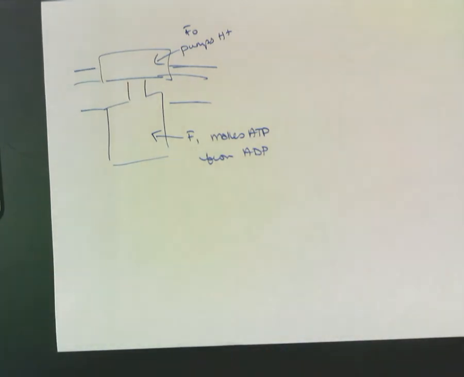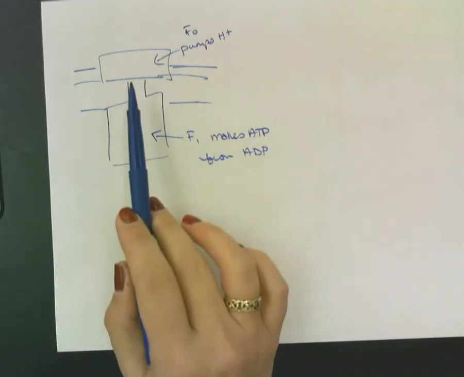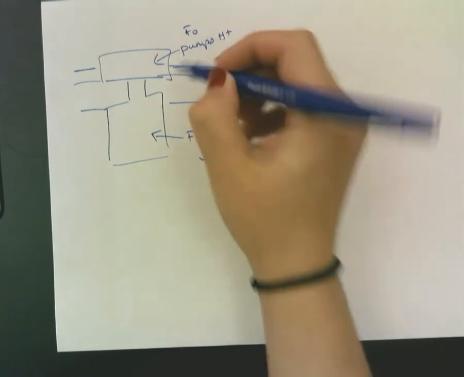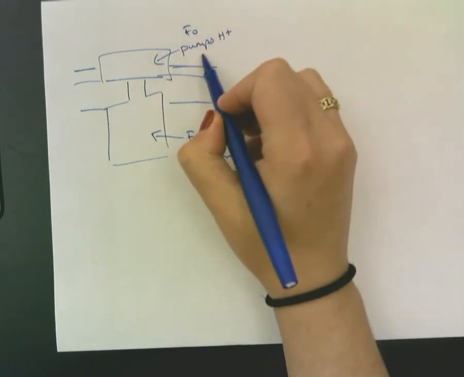Right, so the top part was the membrane bound F0, its job is to pump protons from high concentration to low concentration.